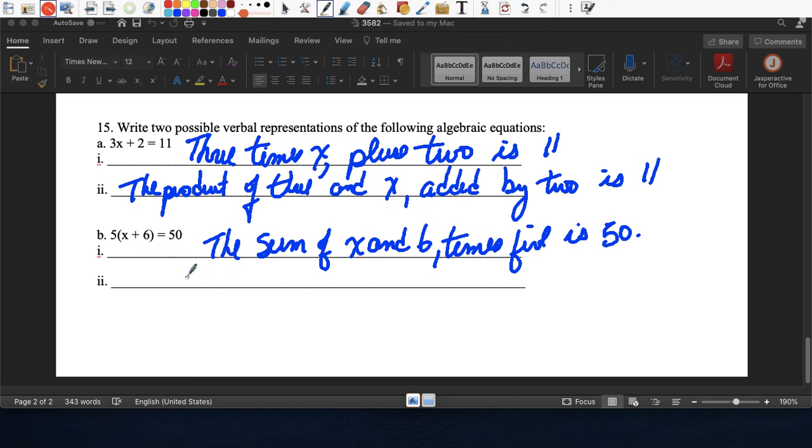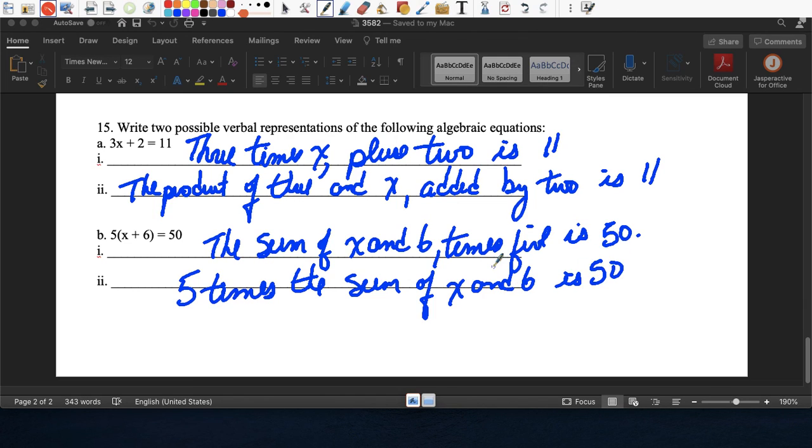Or actually, I should have written 5 times the sum of x and 6 is 50. That would have been a little better. Okay. And I think that's it.